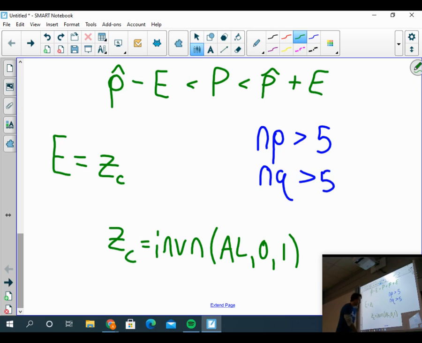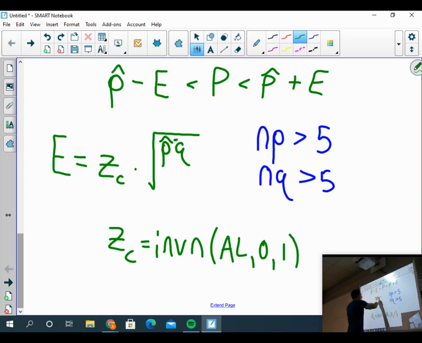Okay, now there's always a second part to finding that critical value, or to finding our error. It's the critical value, the number of standard deviations we need to go away from the mean to contain such and such amount of our data, and that is the standard error, which is the standard deviation of the sampling distribution. Again, we don't spend a ton of time talking about that, but if you'd like to know more, let me know.